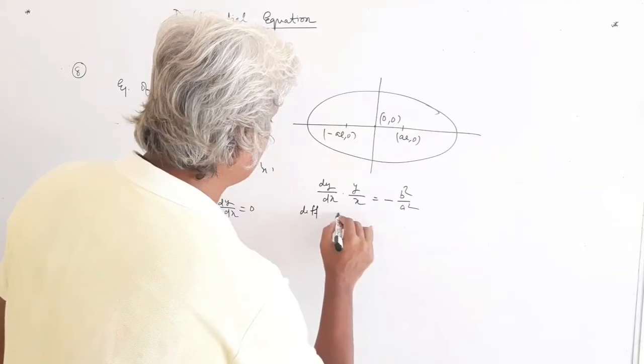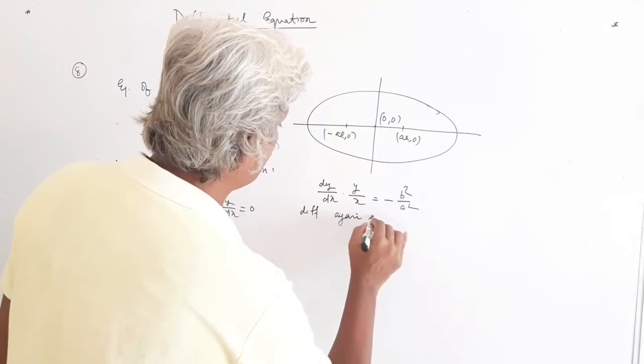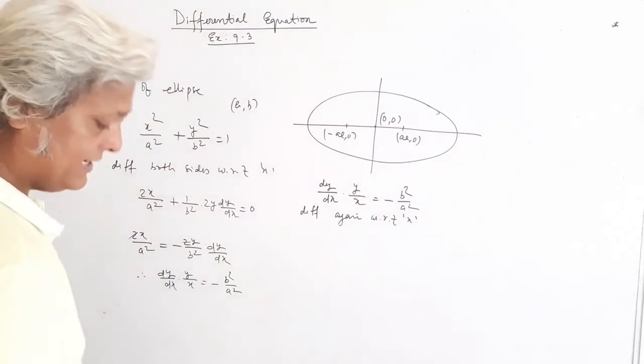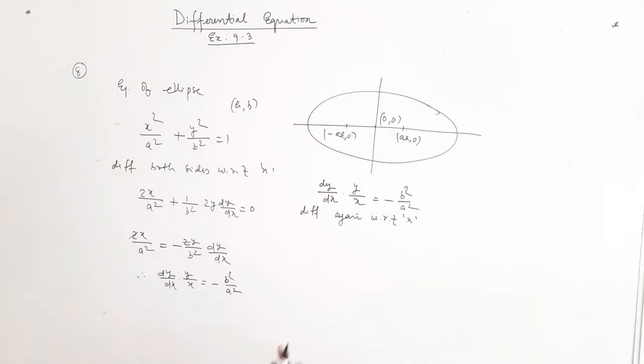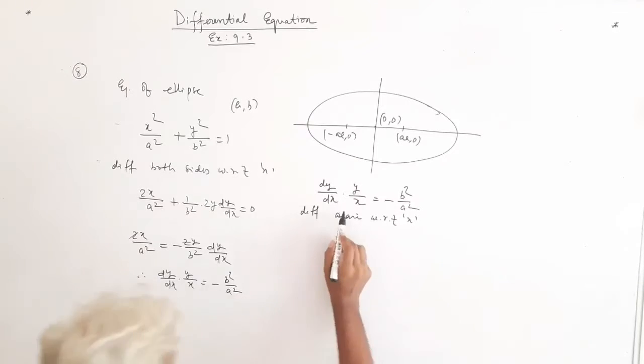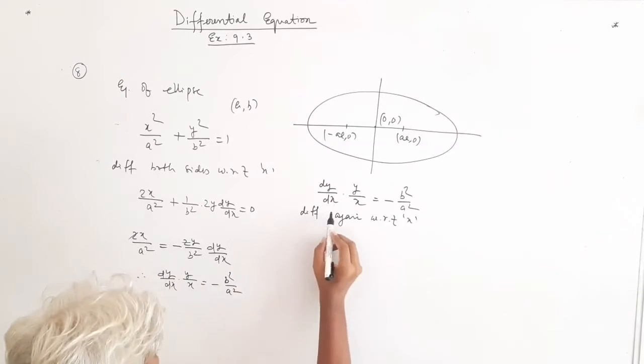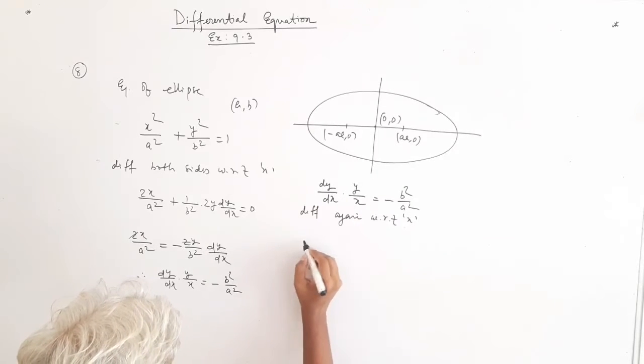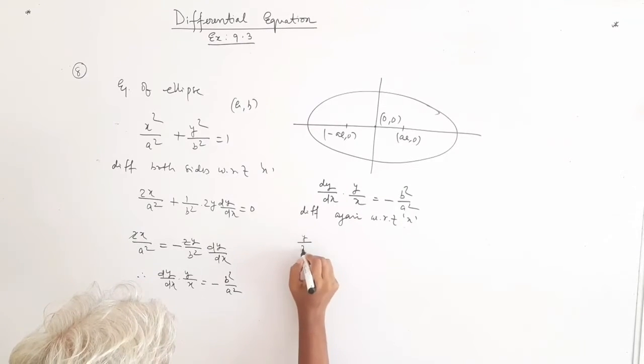Now differentiating again with respect to x, what do we get? Now this is the UV rule. It means you have to apply the rule of multiplication of differentiation. So I keep y by x constant, like the first.